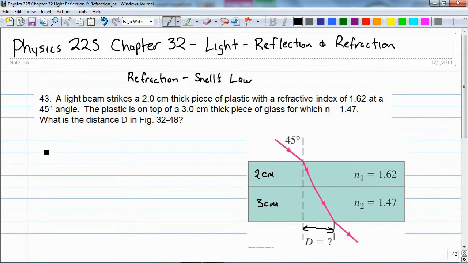So we can write Snell's law. We can say that n air times the sine of theta air is equal to n plastic times the sine of theta plastic.